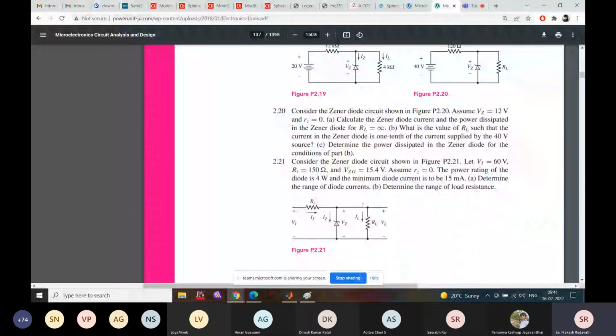How did you find the power dissipated? Sir, the current through the Zener times the voltage. Okay, 0.254 watt. Watt or volt? Yes, sir, watt. Okay, fine. So everyone got the answer right?